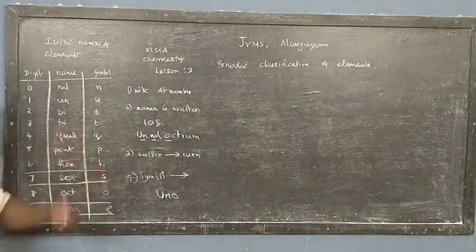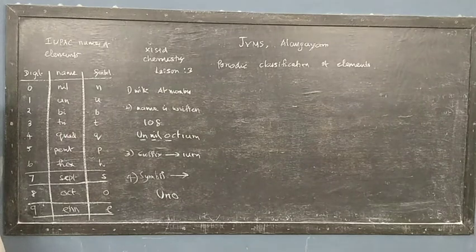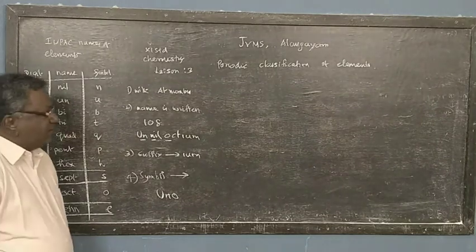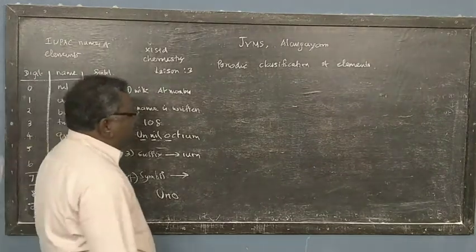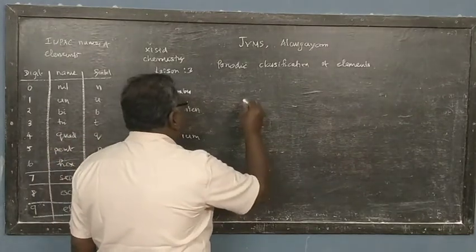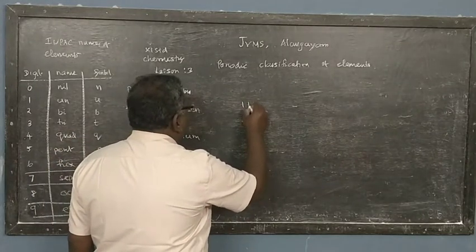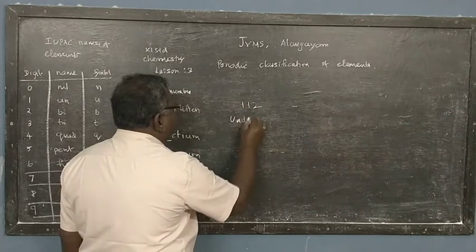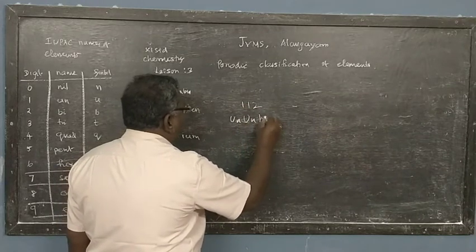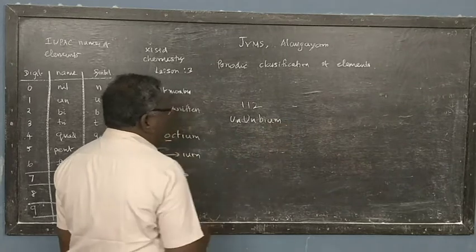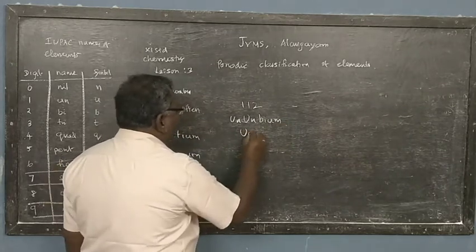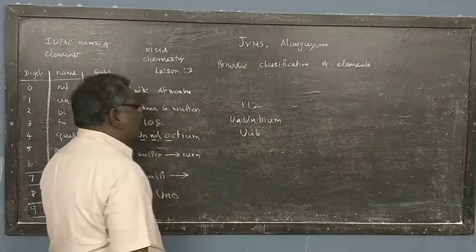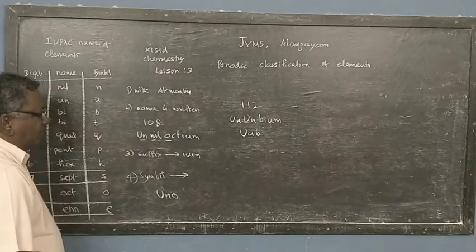Like that you can write the IUPAC name of any element given the atomic number. For example, if it is 112, what is the IUPAC name? It is un, un, bium, right? What is its symbol? Uub, right?